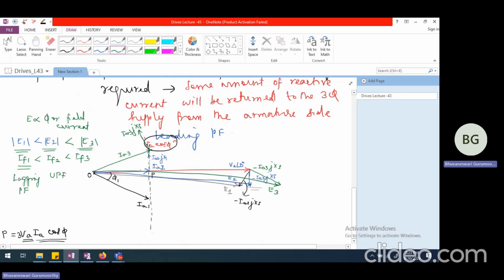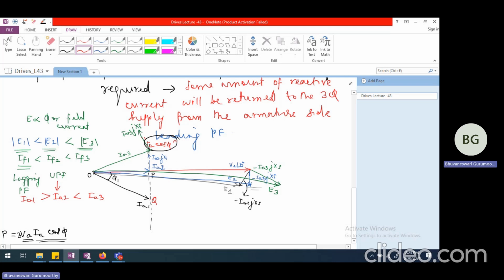Now, when I increase the excitation current slightly, it went to unity power factor, and during unity power factor, you can very well see that it is only the adjacent side of this right angle triangle OPQ. OP happens to be the adjacent side, and only that much is the armature current during unity power factor condition. So this is IA2, whereas here it was IA1. IA1 magnitude was greater than IA2. Similarly, IA3 magnitude is also greater than IA2.